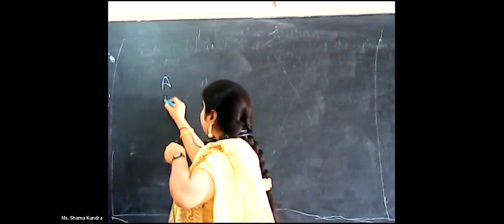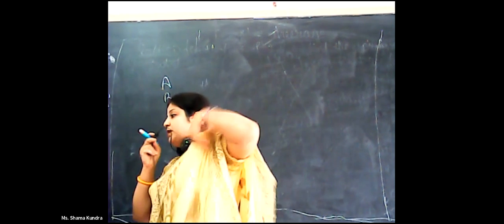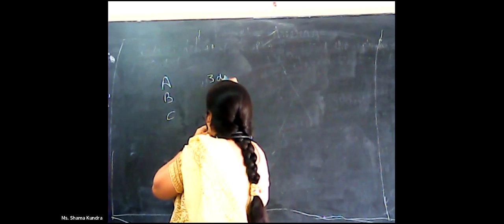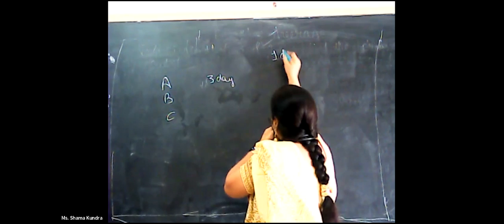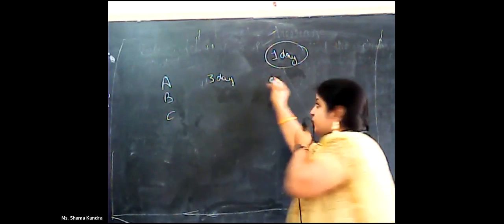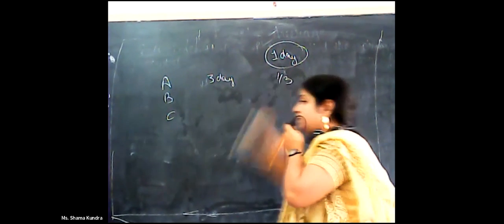Here I have written A, B, and C. Now see, A takes 3 days to complete the work, but I want 1 day. This is the tip and trick. For 1 day you have to simply invert. So 1/3. Now next, 6 days.